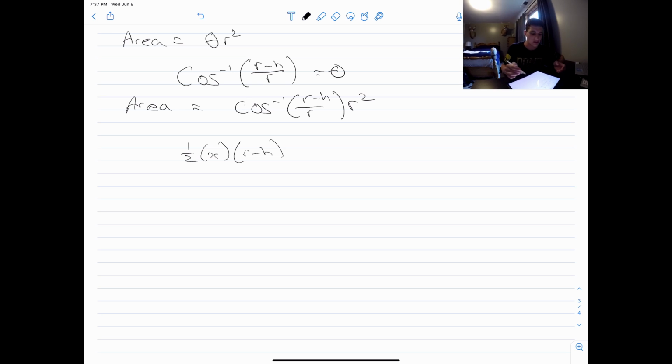Well, we don't know what x is, and again, we want to find this in terms of r and h. We can do this pretty easily by using the Pythagorean theorem. So r squared is equal to x squared plus (r minus h) squared. That means r squared minus (r minus h) squared is equal to x squared. And we're going to get something that eventually cancels out. So we want to expand this out.